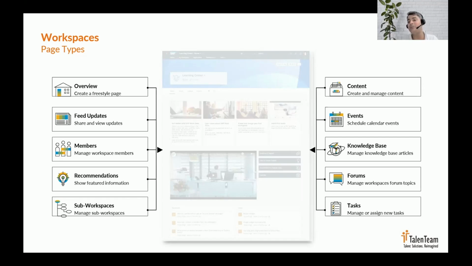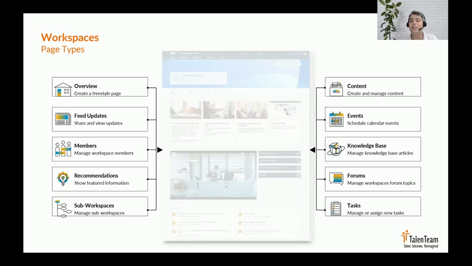So for example, there can be a global stream of news, and there can be a specific news section for a specific department or a location. Then accordingly you can have members who can manage this workspace. So from a managing point of view, you can have a global experience which can be managed by a centralized team, while these workspaces can have their own admins which can run the show.